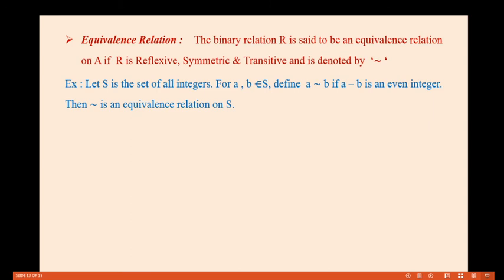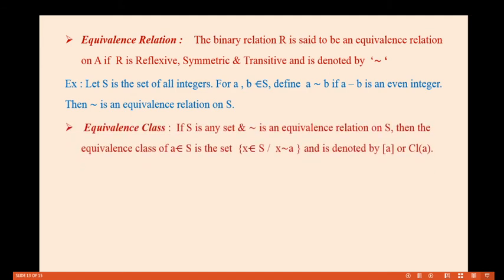If S is the set of integers, then for a, b belonging to S, let us define a related to b if a minus b is an even integer. Then we easily prove that nabla, that is the relation, is an equivalence relation on set S. Equivalence class.